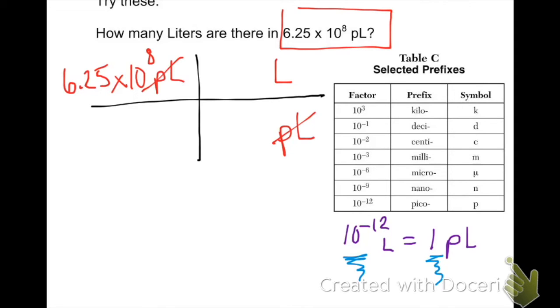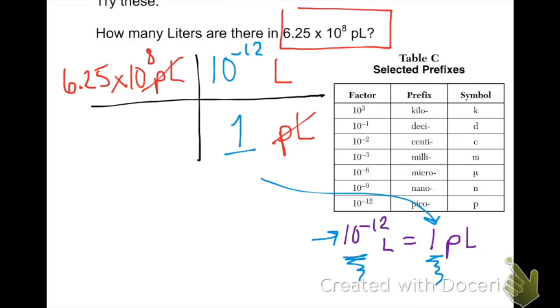So we have 1 picoliter, so the 1 is going to go in front of picoliters because that is what we found here. And we have 10 to the negative 12th in front of liters because that's what's found on our conversion factor here. And then we simply multiply straight across.